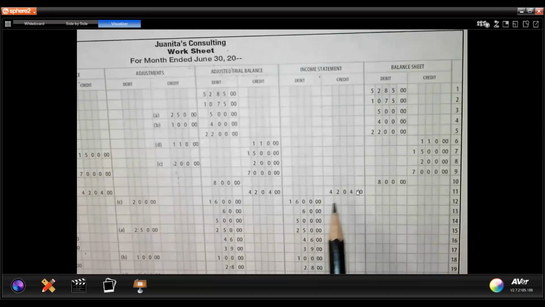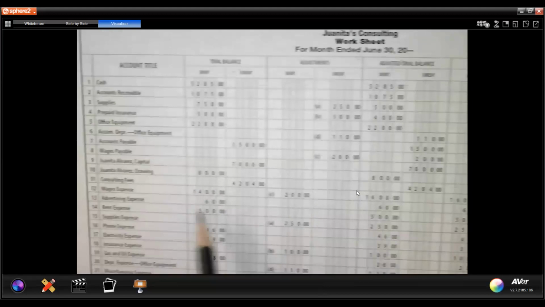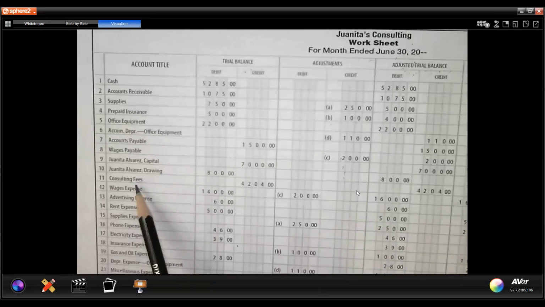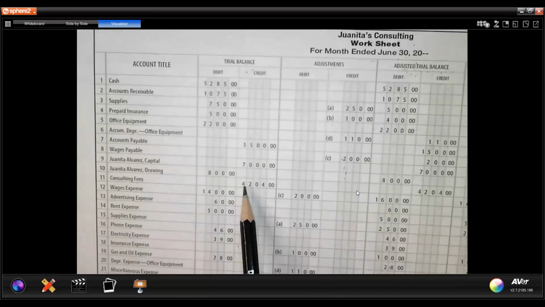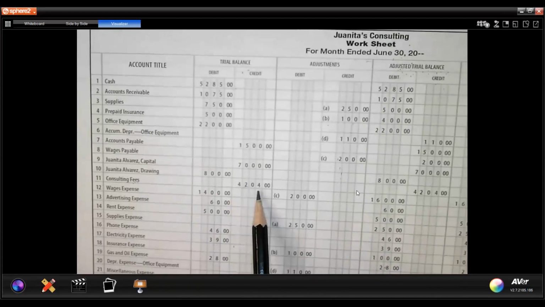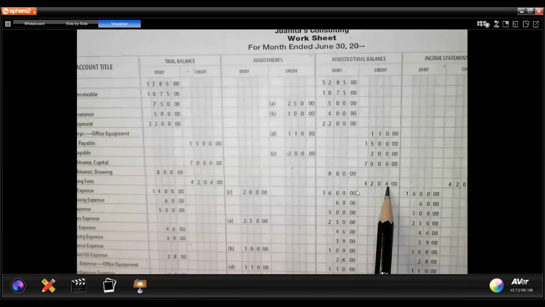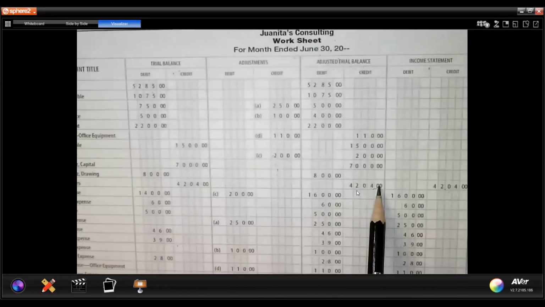So this is our revenue account. And as you can see here, let's go back over to our revenue account. Our revenue is being generated from consultant fees. So for the end of June, we had $4,204 in consultant fees.